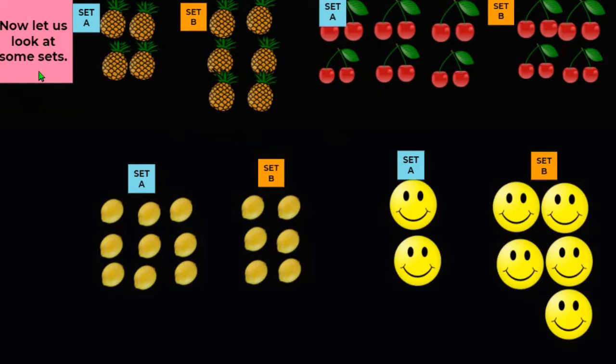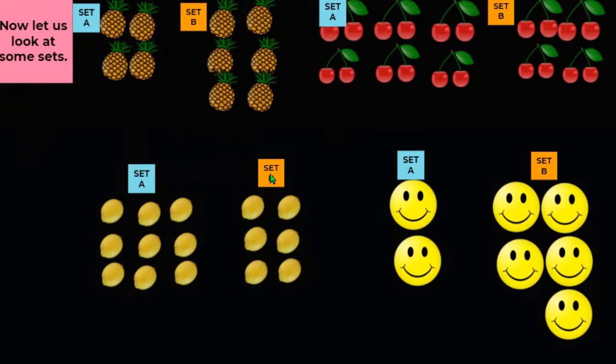Now let's look at some sets. Here we have quite a few groups. We have some pineapples, some cherries, some lemons, and some smiley faces. Now, I've given each group a name. Set A or set B. So each group has a name.